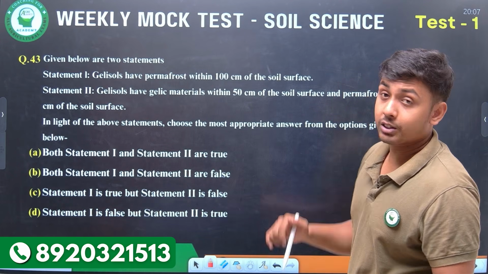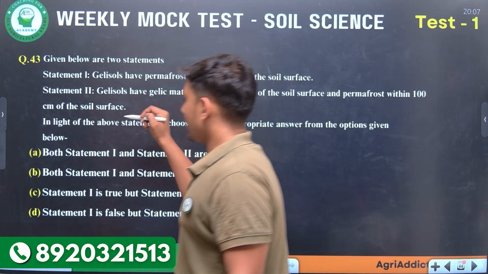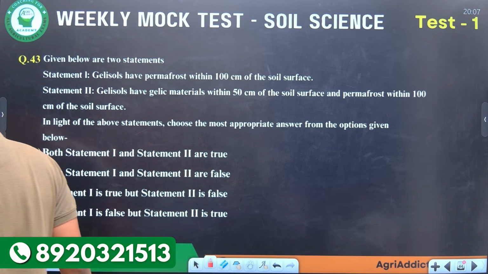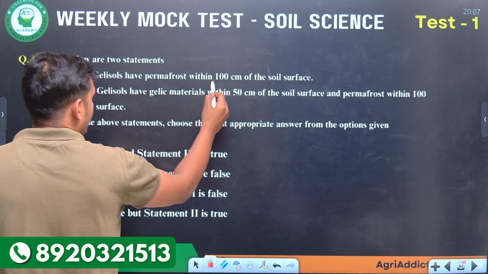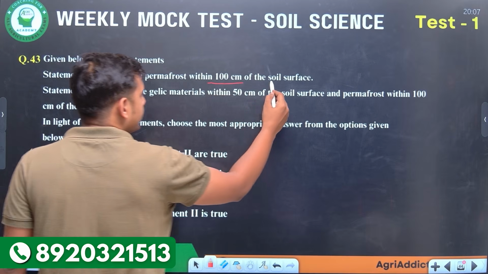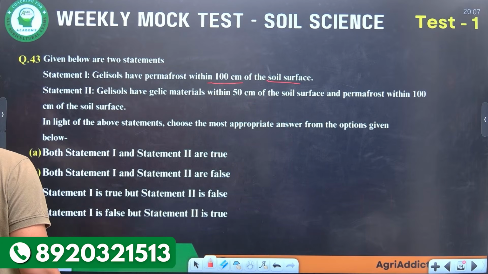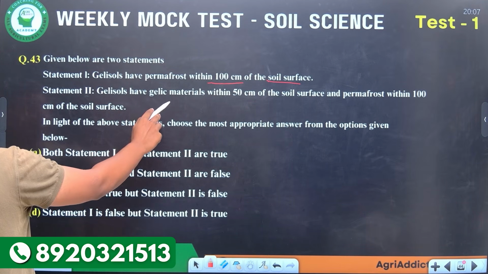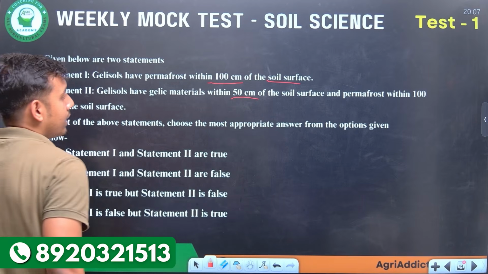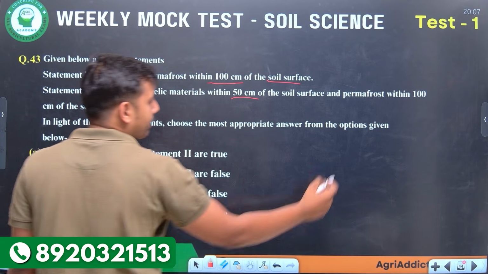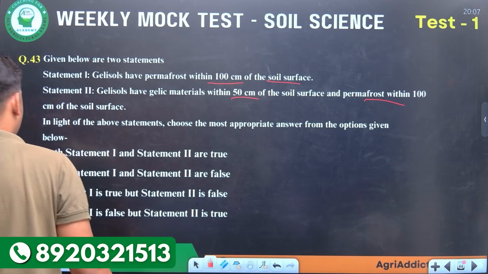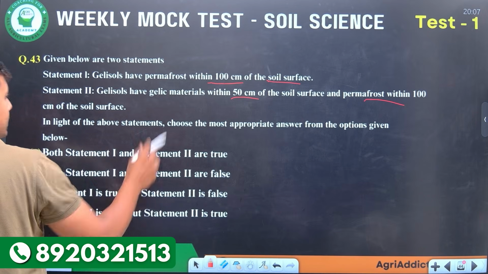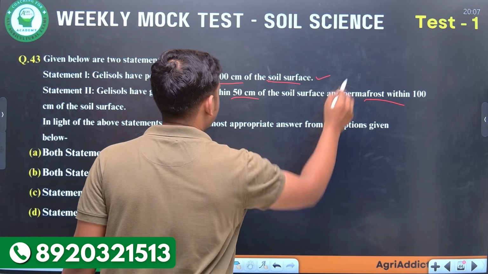Given below are statement based questions. Gelisols have permafrost within 100 centimeter of the soil surface. The next option: gelisols have gelic material within 50 centimeter of the soil surface and permafrost within 100 centimeter of the soil surface. No, the first statement is correct.